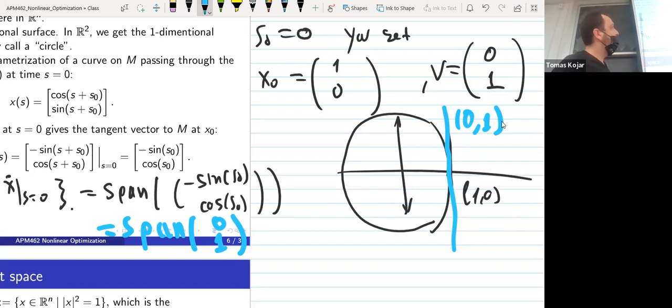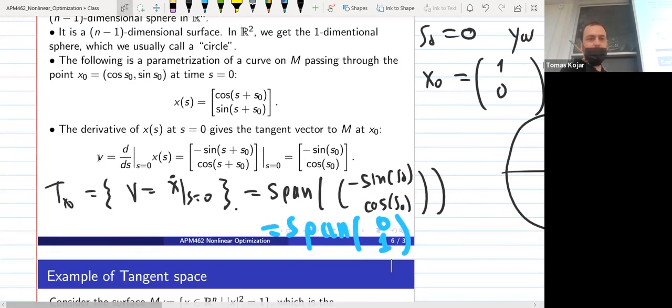Right, so are you happy with the vector? And then it's just definition. The definition of the tangent space are all vectors of this form.